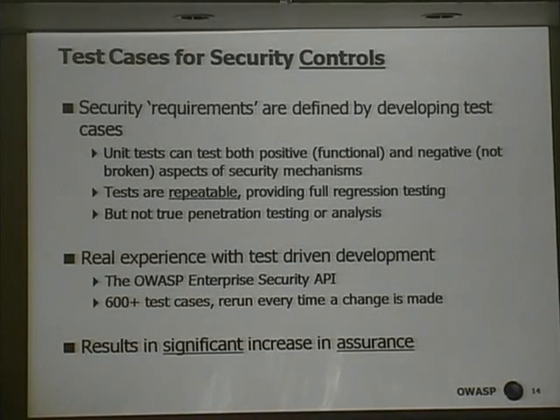So how do you do test cases for security controls? Well, for standalone components, a lot of the time you can build test cases for them. And in fact, we've proven that you can do it at least to some degree with the SAPI, because the SAPI was built with test-driven development in mind. So we've built over 600 test cases as part of the construction of SAPI.